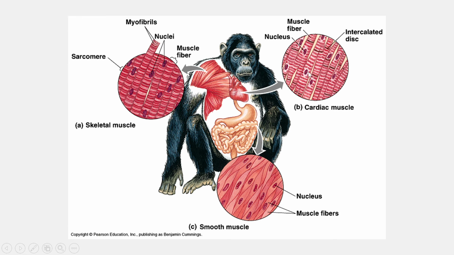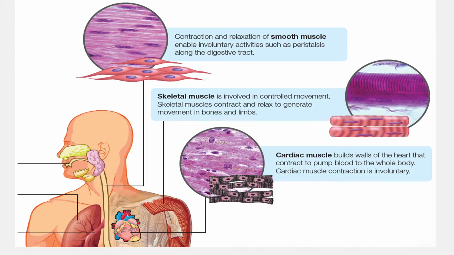So all three has distinctive features. They are all different and easy to identify. Okay, these are the functions of these three muscles. Okay, again, you look at the structure. Okay, very easy to differentiate these three structure.